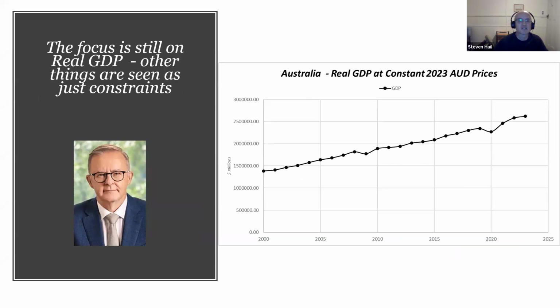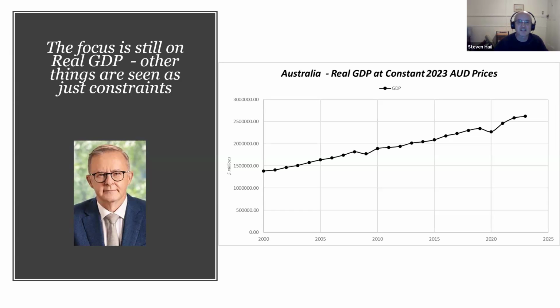Perhaps when inflation has been relatively high recently, then the inflation statistics play a big part in the way people see the success or failure of governments. But basically, issues like carbon emissions, climate change, ecological issues generally, even inequality, are not seen as objectives for governments.